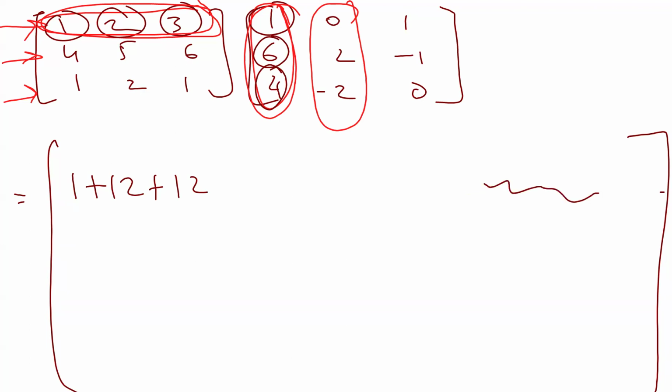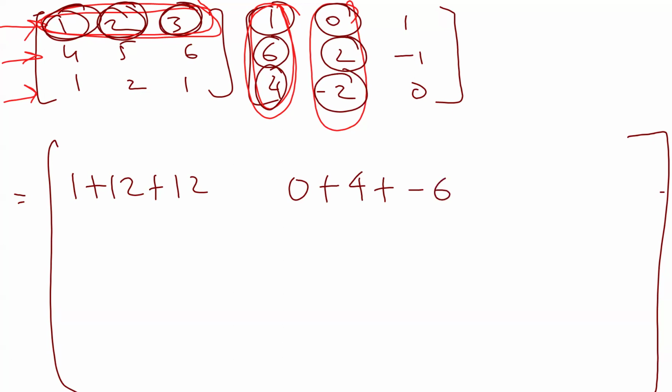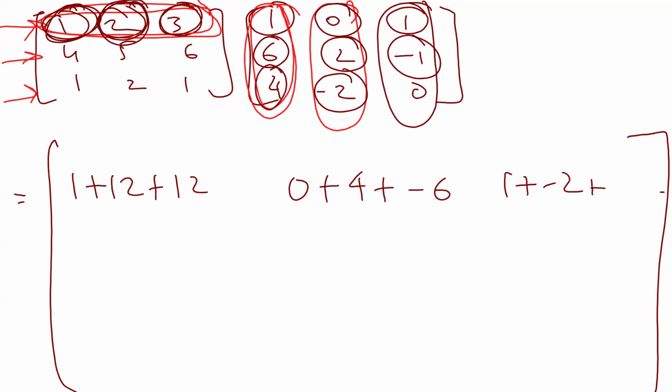So 1 into 0 is 0, plus 2 into 2 is 4, plus 3 into minus 2 is minus 6. Perfect. Again space. First row, third column. 1 into 1 is 1, 2 into -1 is -2, and 3 into 0 is 0.